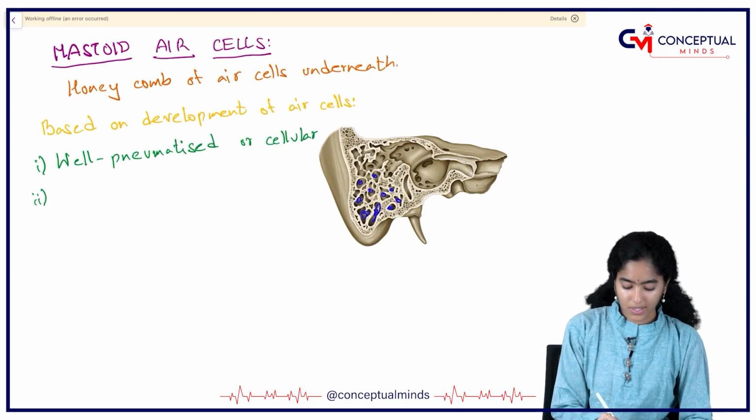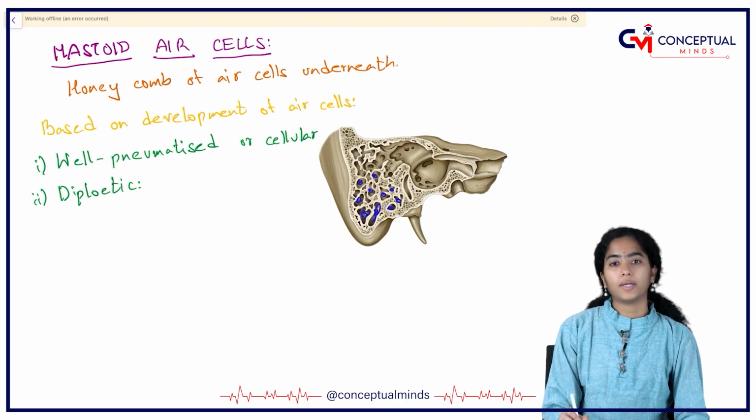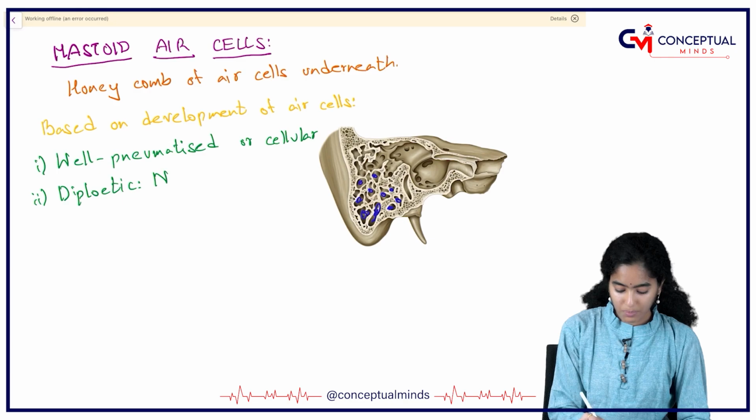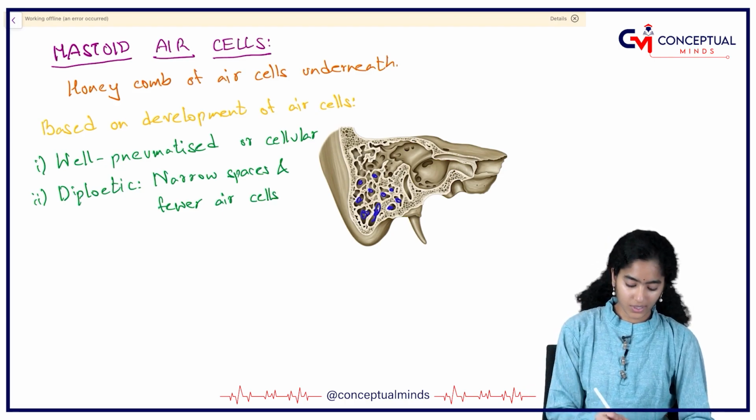The second type is diploitic. The diploitic variety has narrow spaces and fewer air cells. The air cells are not so well developed in the diploitic variety.